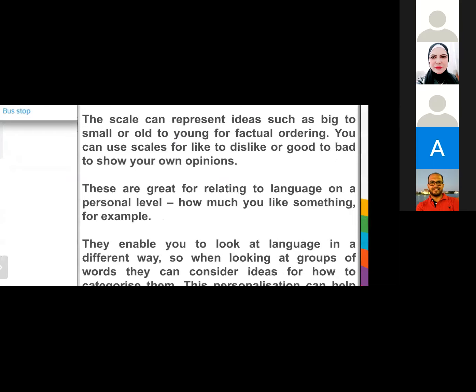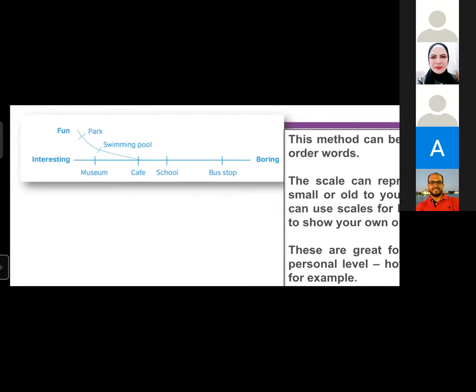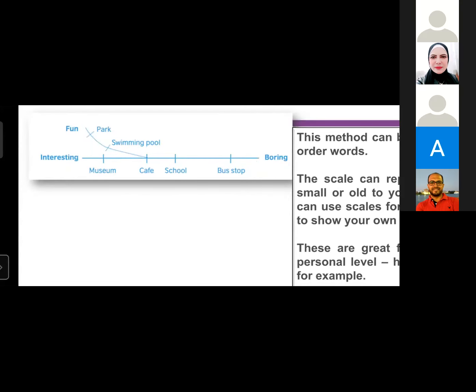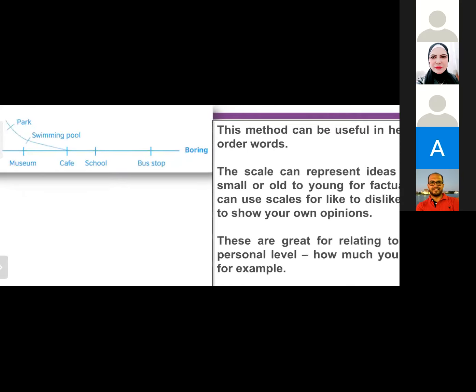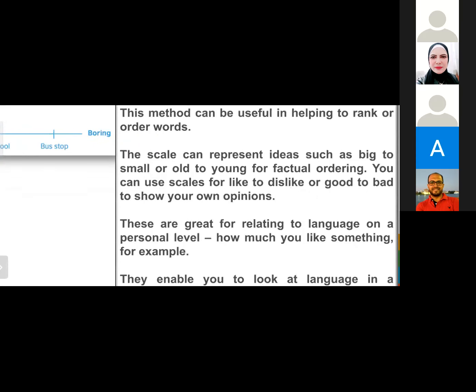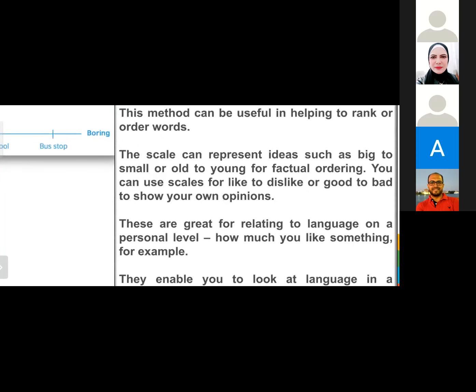This is called the scale. Okay, this method is called the scale. You can draw a line with different other lines, and you can write different adjectives and different vocabulary. The scale can represent ideas such as big to small or old to young. For factual ordering, you can use scales, for like to dislike or good to bad to show your own opinions.